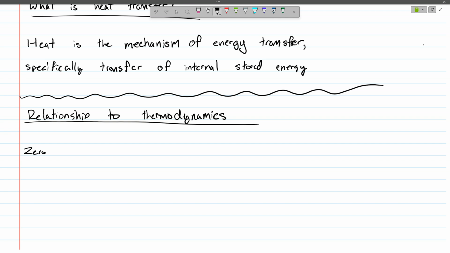So there's what we would call the zeroth law, which is really quite obvious.